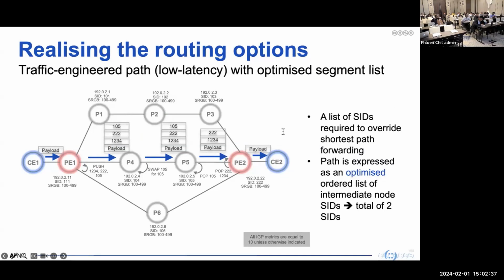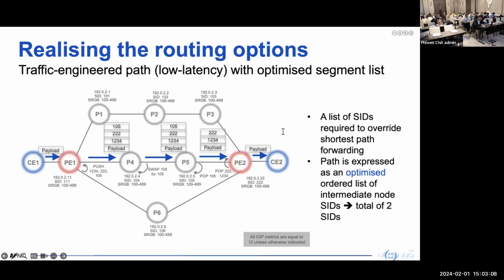While a full list of segments will work, there is a way to slightly optimize the segment list. Instead of having 3 labels, the segment list can actually use only 2 labels. Now we are talking about the possible optimization. Instead of using 3 labels, we can use only 2 labels like 105 and 222, which are the node SIDs of P5 and PE2, because the shortest path from PE1 to P5 will be through P4 anyway.